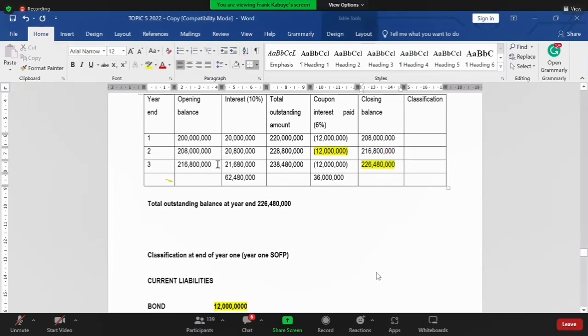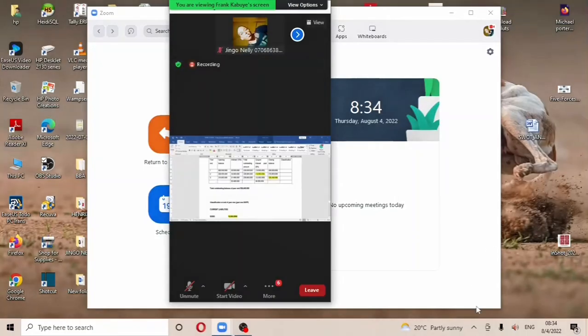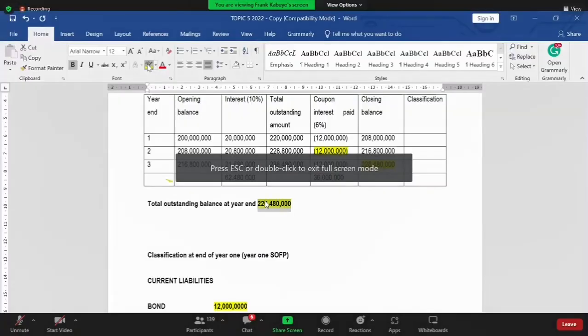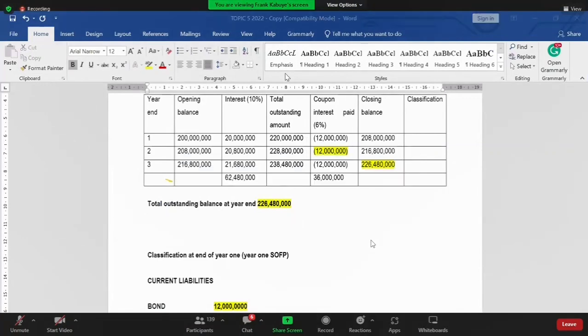Then, for the bond, this was the one that we entered with in the 3rd year. And this was the outstanding. We removed 12 million and it remained with that. So this is the total outstanding, which they must pay now. $226. So what has been paid?